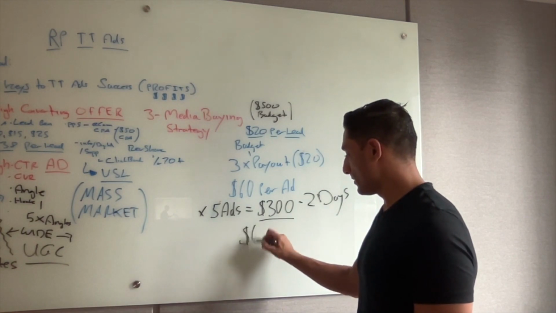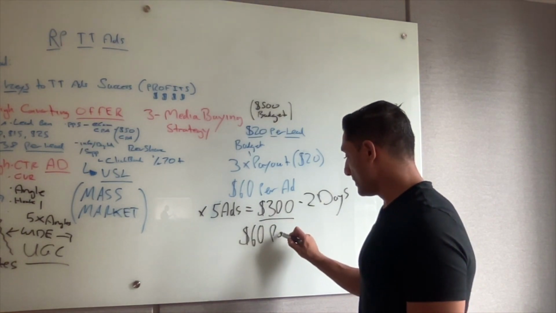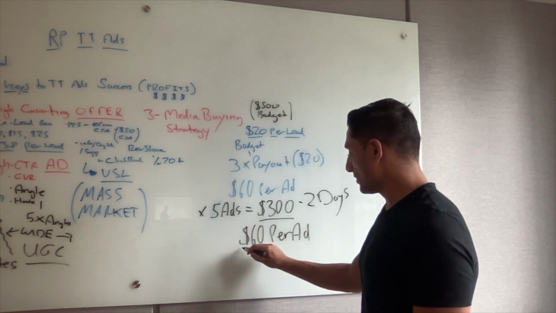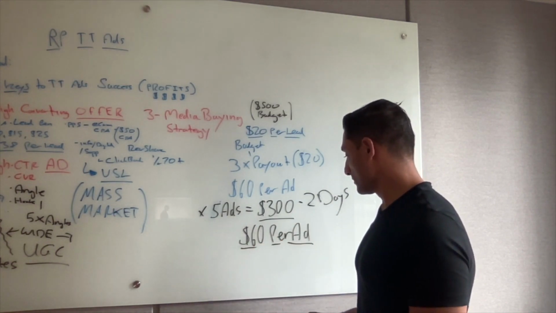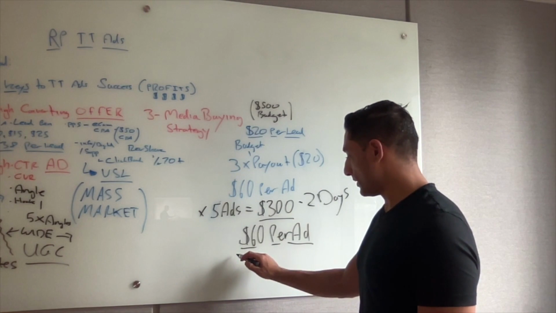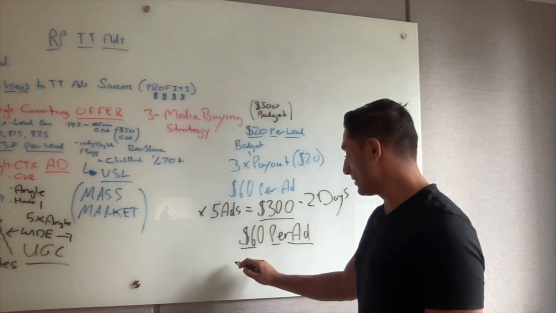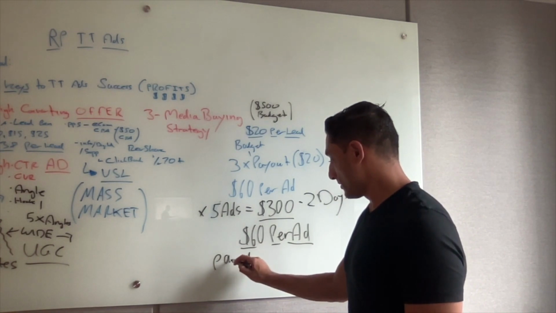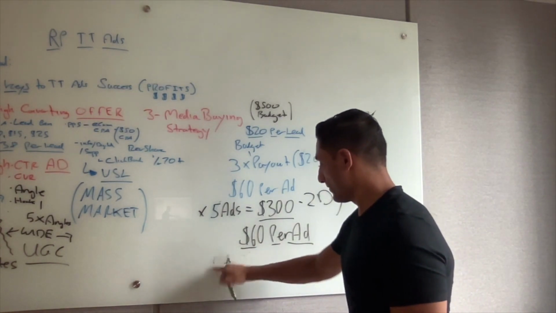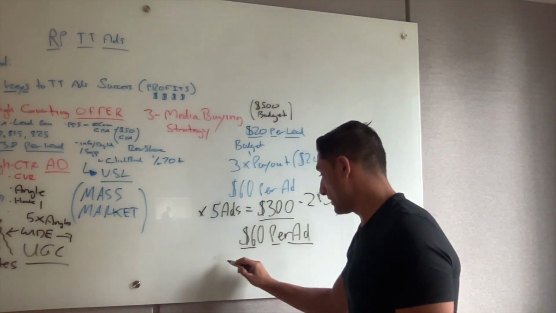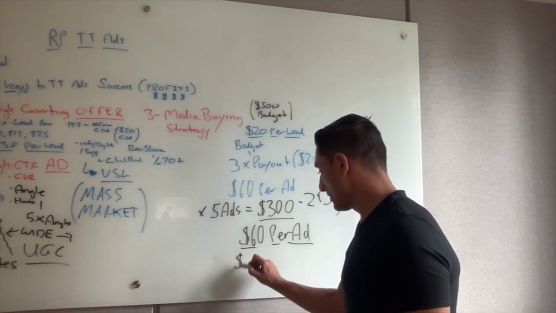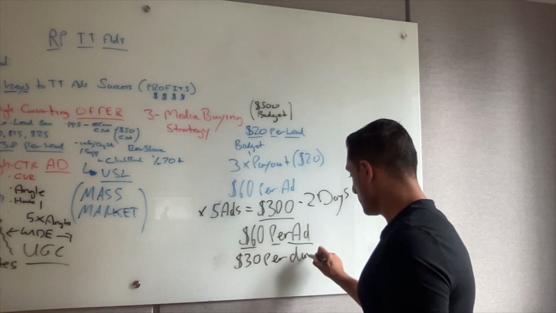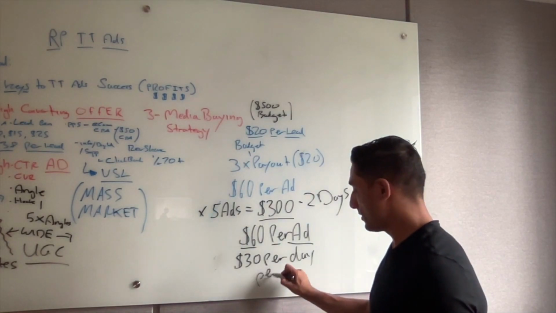So I would, in this scenario, spend $60 per ad divided by 2 days. If I'm spending $60 per ad, that means I'll be spending $30 per day per ad.